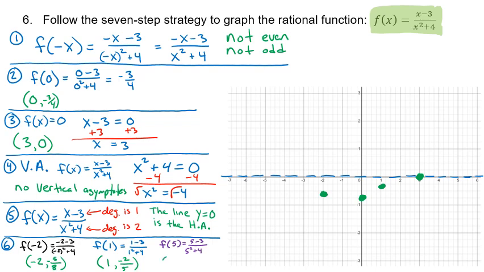So when x is positive 5, the y value, 5 minus 3 is 2. 5 squared is 25 plus 4 is 29. 2 over 29, that's really small. That's really close to 0. So the point is, it's positive. That's what's important. It's above the x-axis.